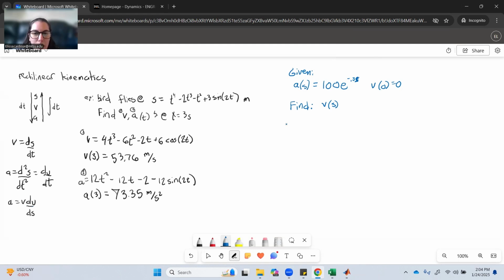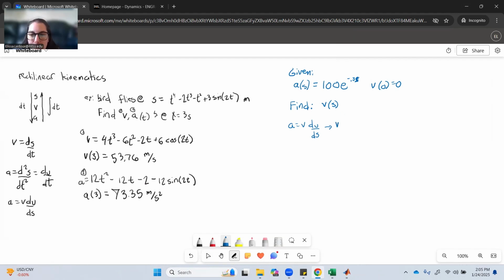So let's write this out. We're going to use a equals v dv ds. And so we need to separate and integrate. So that means by separating, we want to get everything with s on one side and everything with v on the other side.